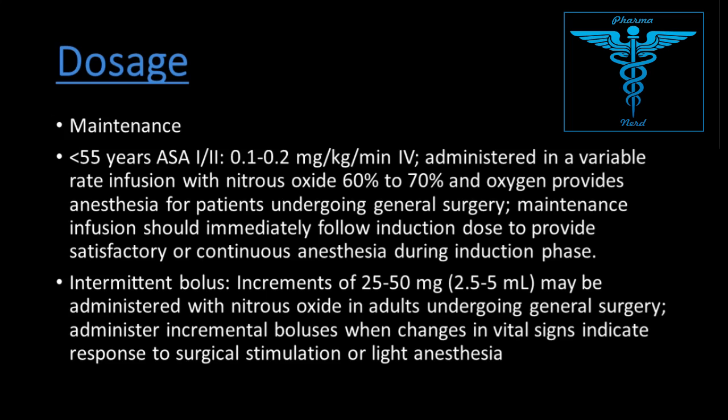Intermittent bolus increments of 25 to 50 mg, or 2.5 to 5 ml, may be administered with nitrous oxide. In adults undergoing general surgery, administer incremental boluses when changes in vital signs indicate a response to surgical stimulation or light anesthesia.